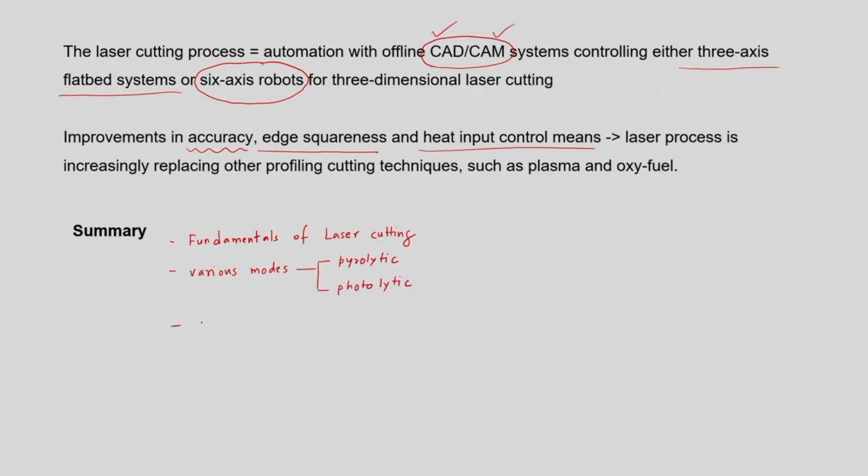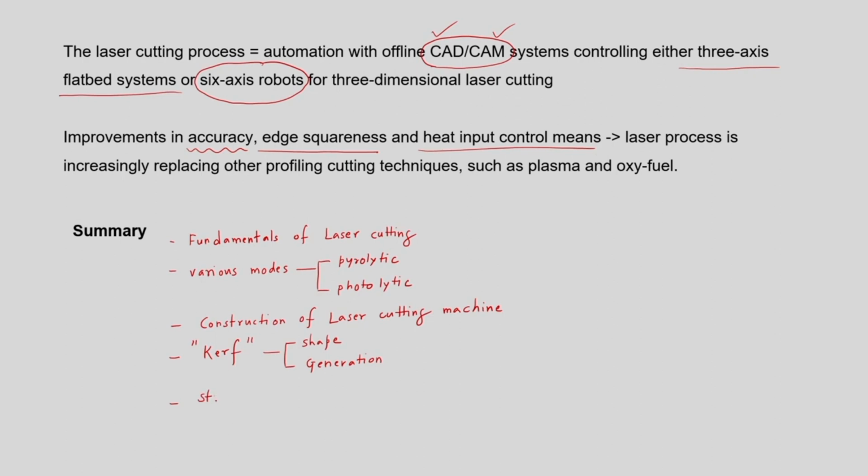Then we have seen the construction of a typical laser cutting machine. Then we have seen the meaning of kerf, which is a very important parameter during the laser cutting operation, the shape of the kerf, and its generation.